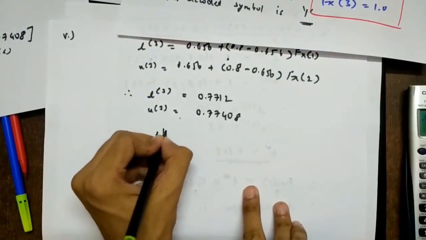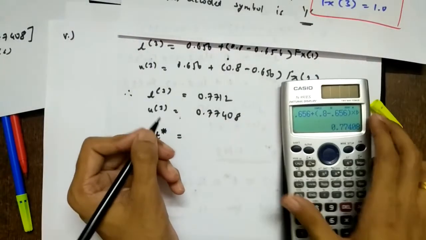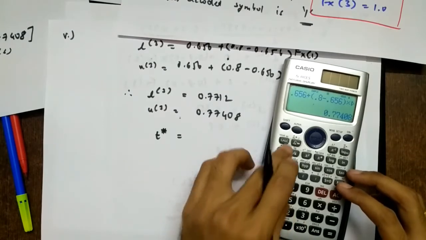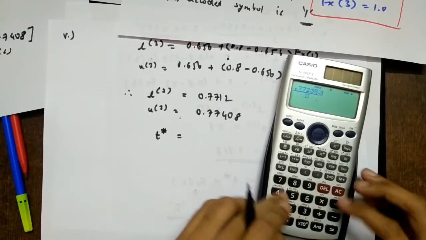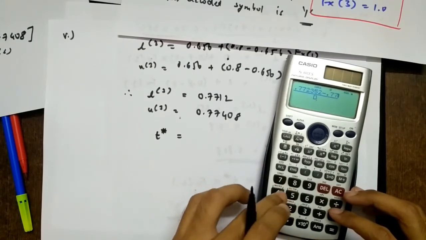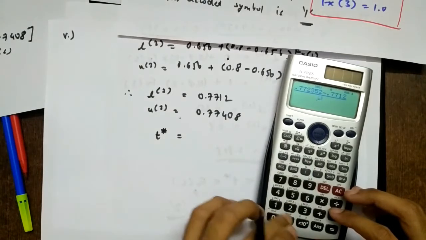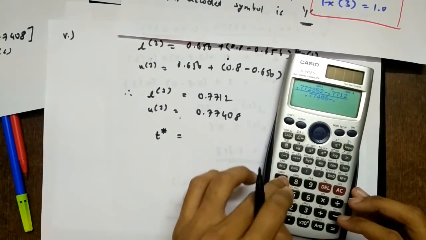Sorry, first we have to find t star. So t star will be what? Tag is 0.772352 minus L of 3 is 0.7712 upon 0.77408 minus 0.7712.